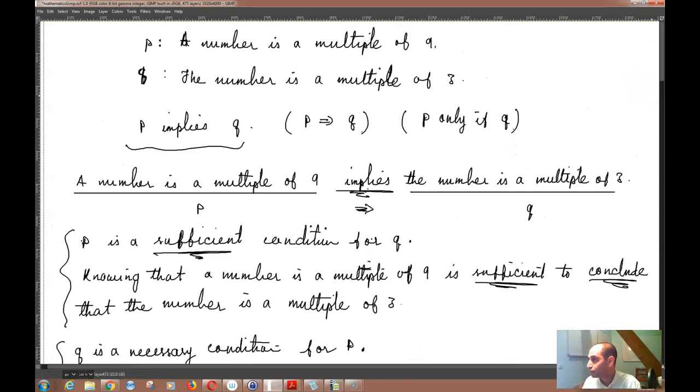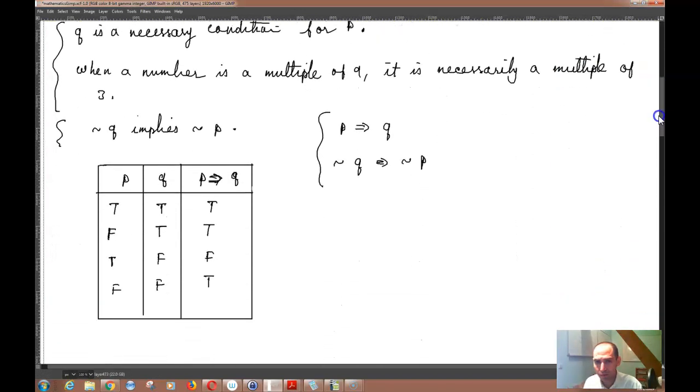Now that we have understood P then Q, let's go over here to the last part of those remarks related to combination.